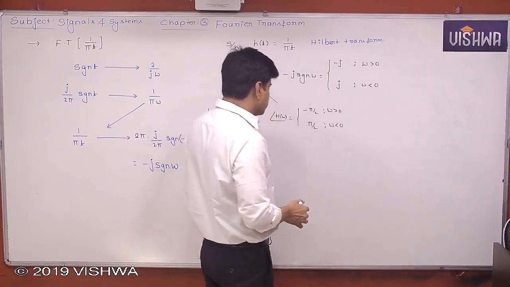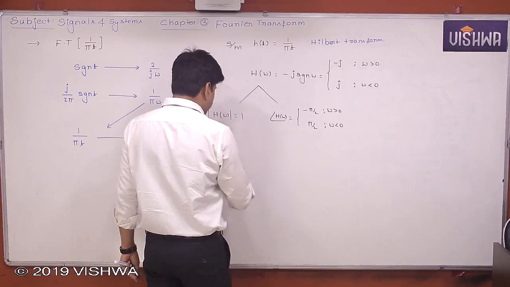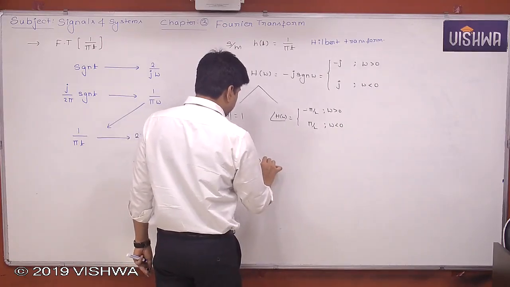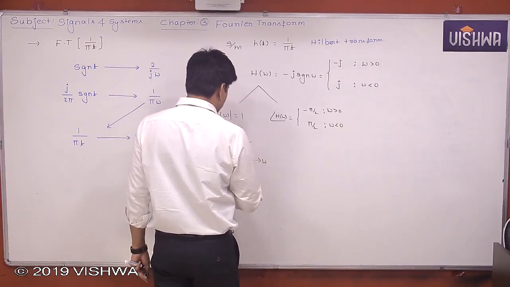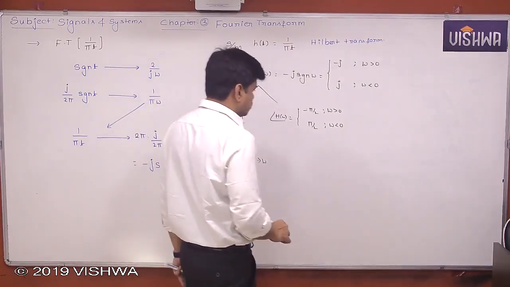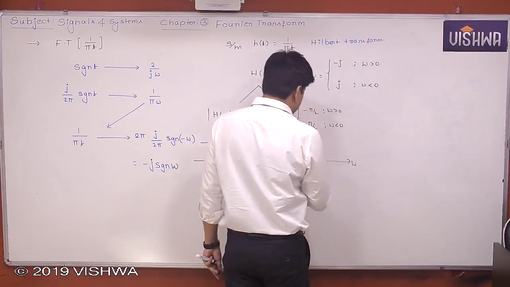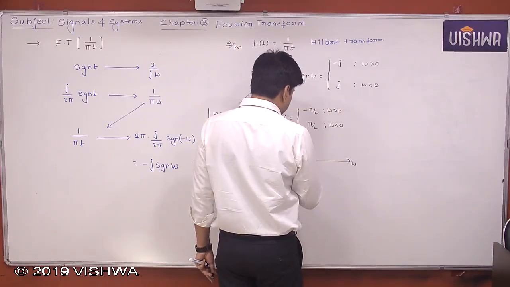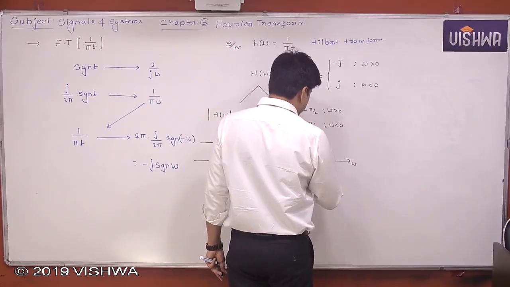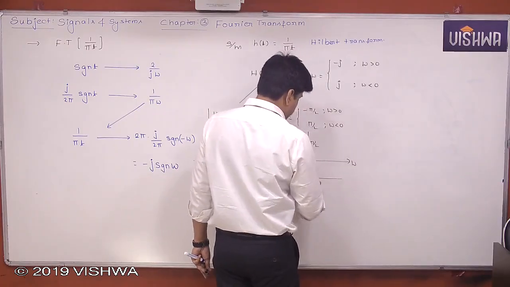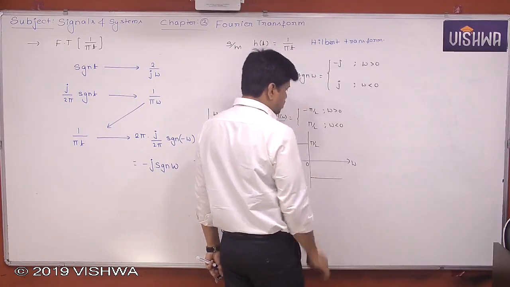If I draw these functions, the magnitude spectrum is going to be a constant value equal to 1. Next, if I draw the phase spectrum, its value is plus pi by 2 or minus pi by 2.